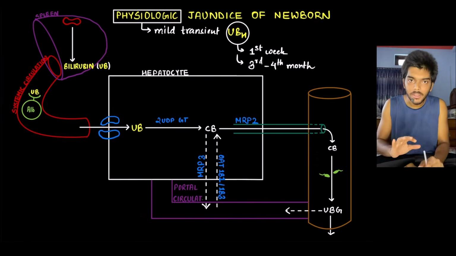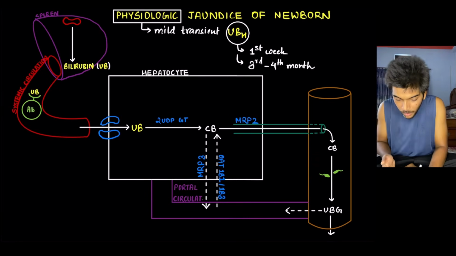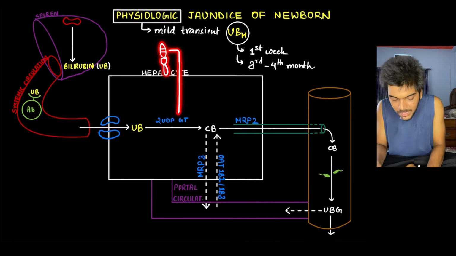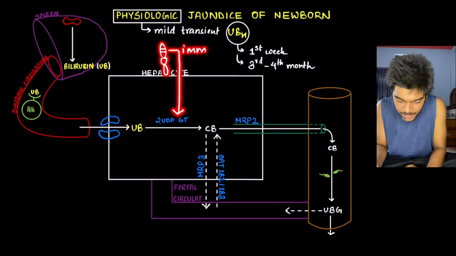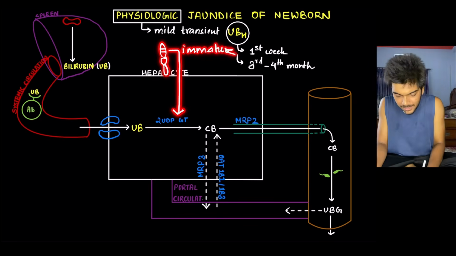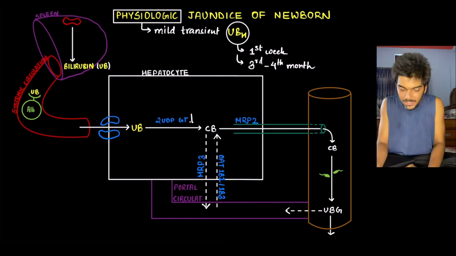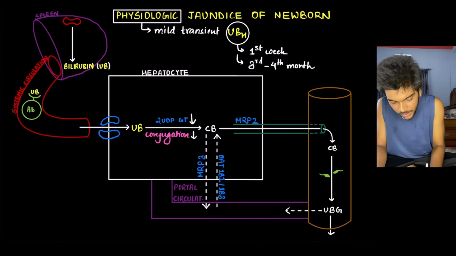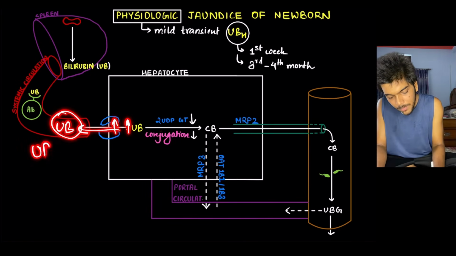Number one, see, in a newborn, the gene in the chromosome that is responsible for the production of glucuronosyl transferase is still immature. So the gene is immature. As a result, there is deficiency of glucuronosyl transferase, and the process of conjugation does not take place, resulting in accumulation of unconjugated bilirubin in blood, resulting in unconjugated hyperbilirubinemia.